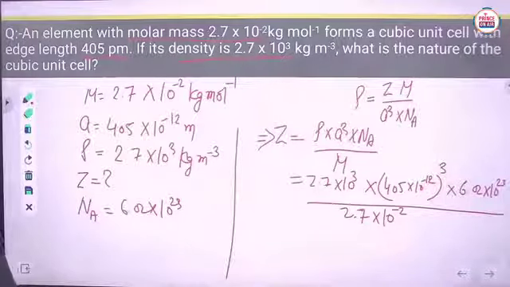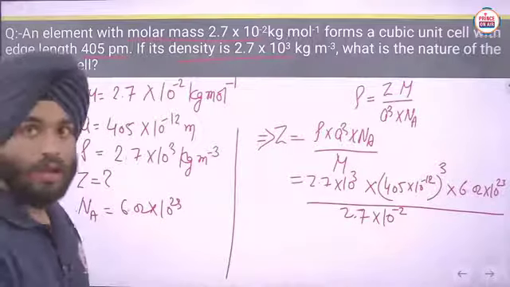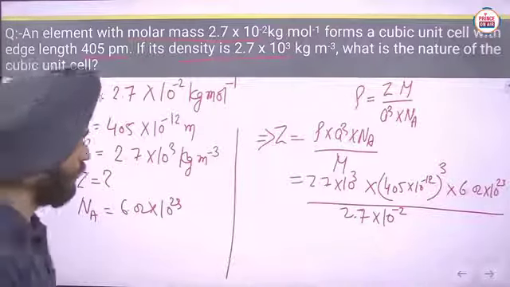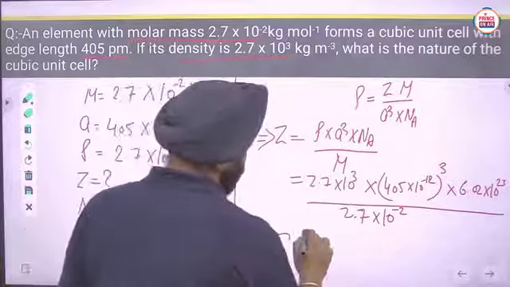So the answer will come out to be, I'll give you that answer just now. Done. So the answer comes out to be approximately equal to 4.